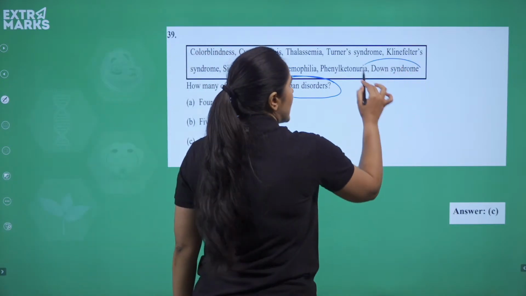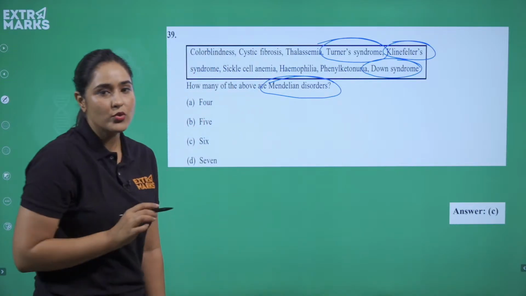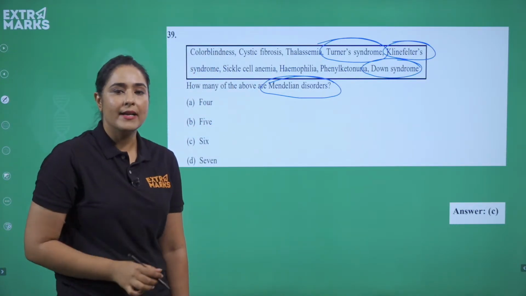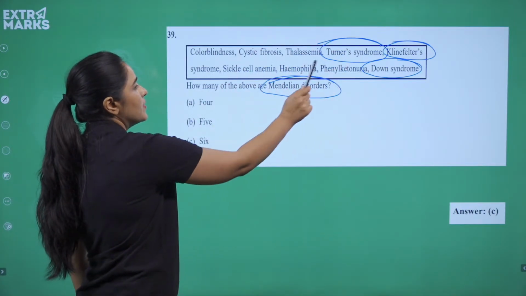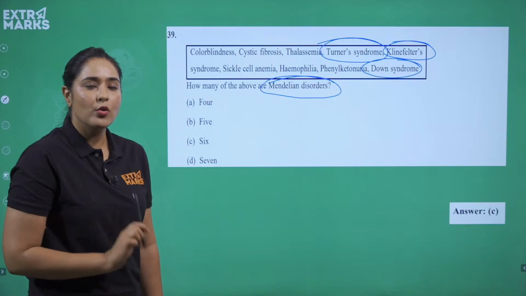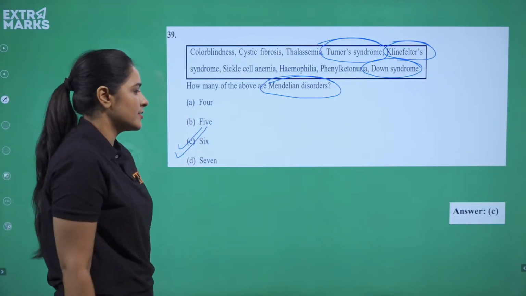Out of these, Down syndrome, Klinefelter's, and Turner's are chromosomal disorders, not Mendelian disorders. So out of these 9, 3 are chromosomal disorders here. So 6 are Mendelian disorders.